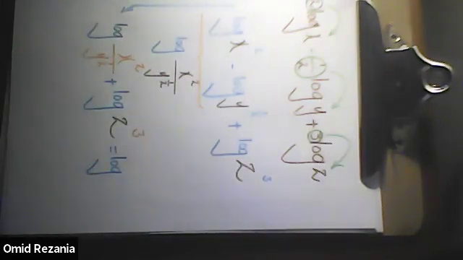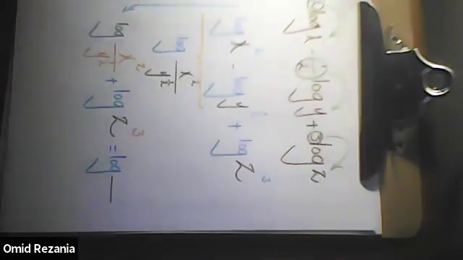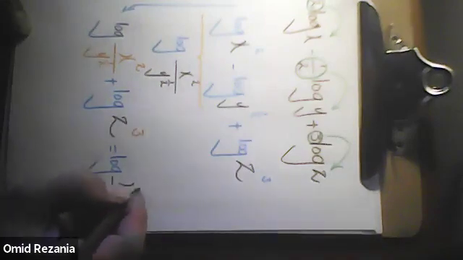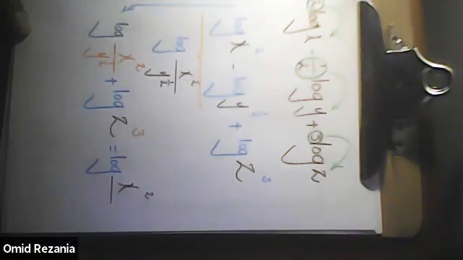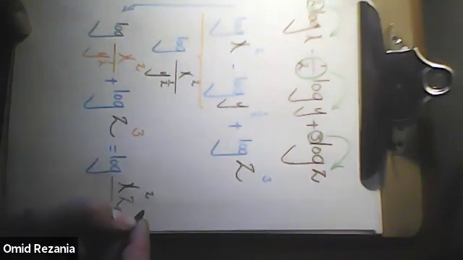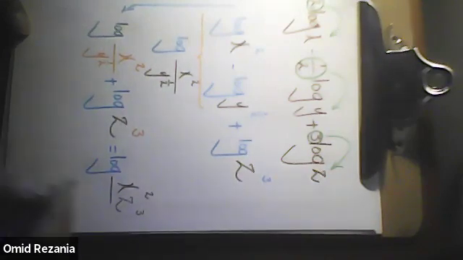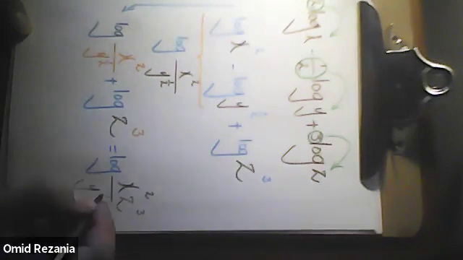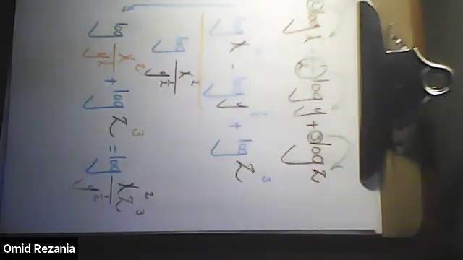What do I get at the numerator? X squared times what? Z to the power 3 and y to the power 1 over 2. Does it make sense, guys?